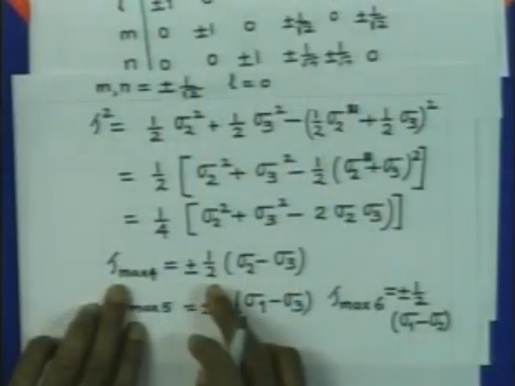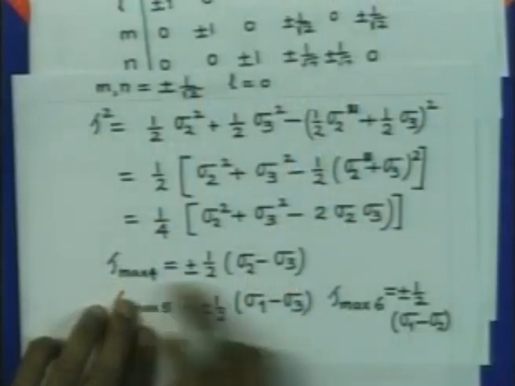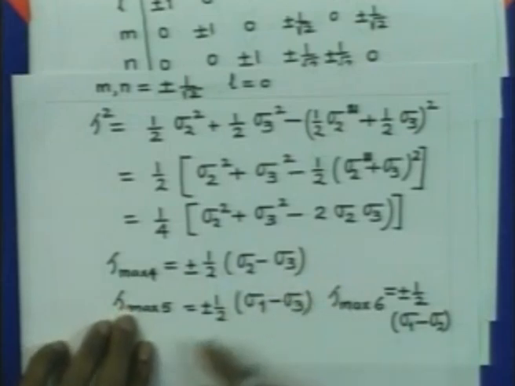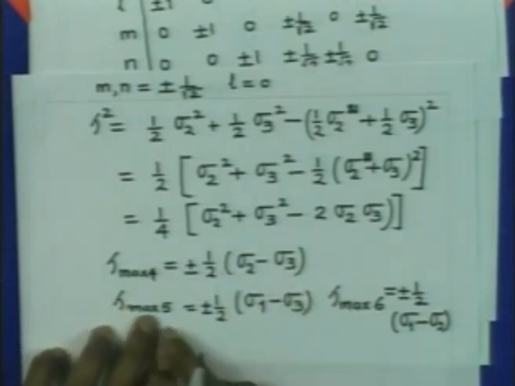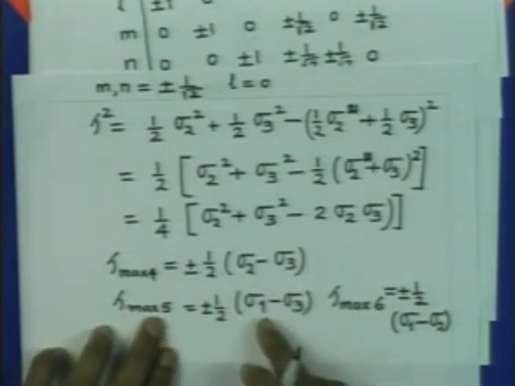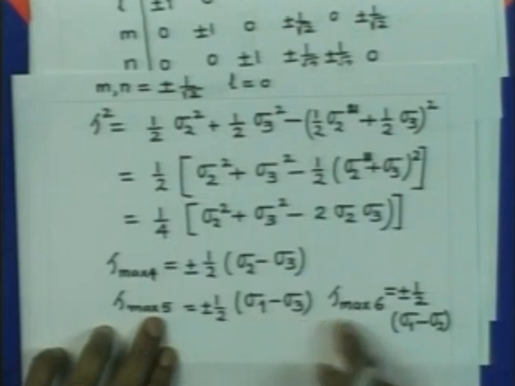So, these are the principal stresses, and it is nothing but the difference between the two principal stresses divided by 2, and they act on a plane at an angle of 45 degree with these two directions. Same is the case for plane number 5, which is at an angle of 45 degree with the directions 1 and 3, and plane 6 is at an angle of 45 degree with the direction 1 and 2.